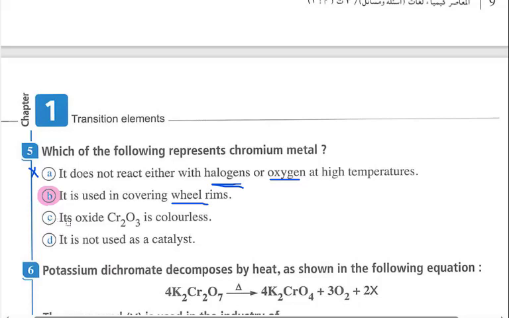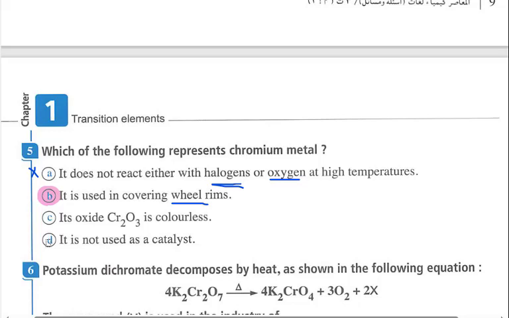The choice C: its oxide, chromium 3 oxide, is colorless. The chromium positive 3 ions are green, so it is not correct. It is not used as a catalyst. We all know that most or all the transition elements are used as catalysts, as the electrons of the 4s and the 3d form bonds between the reactants and the catalyst.